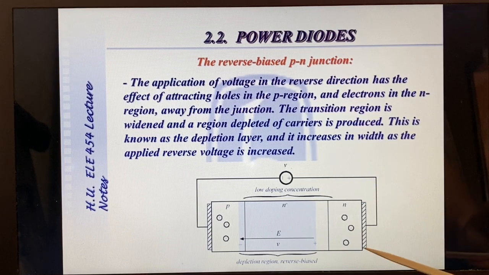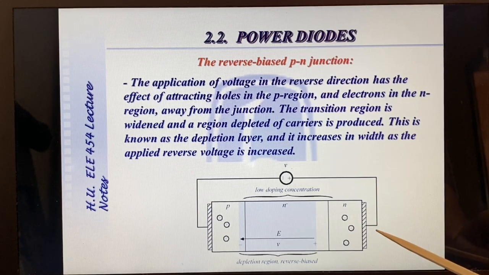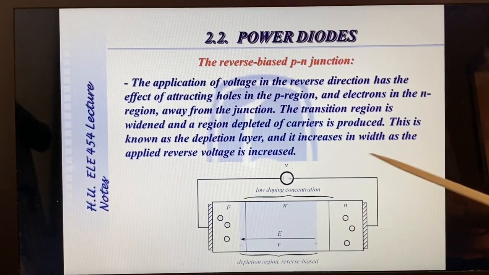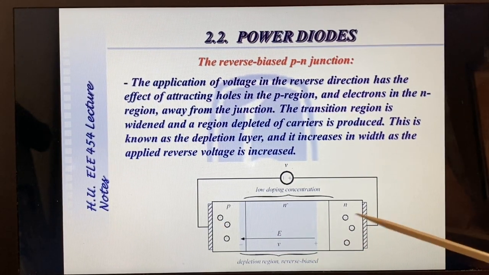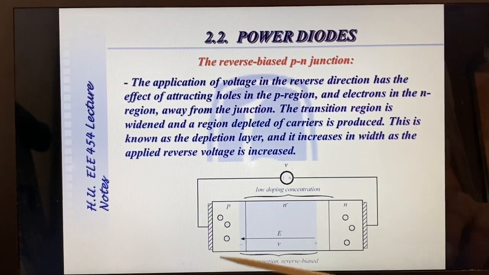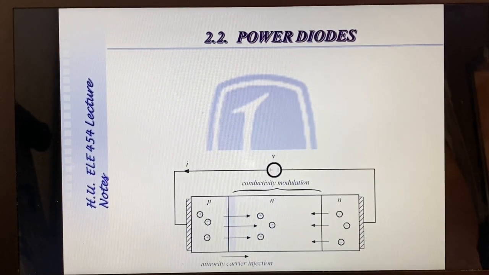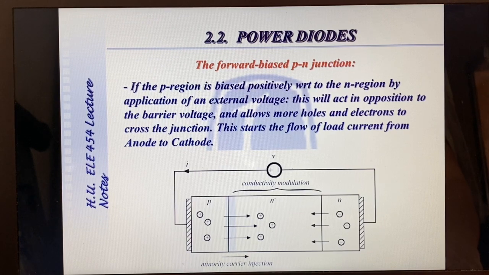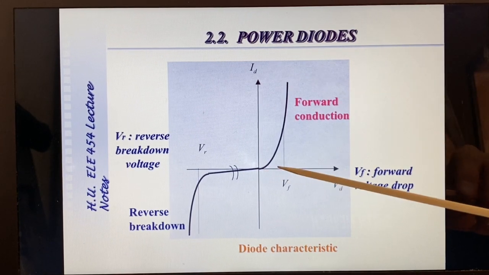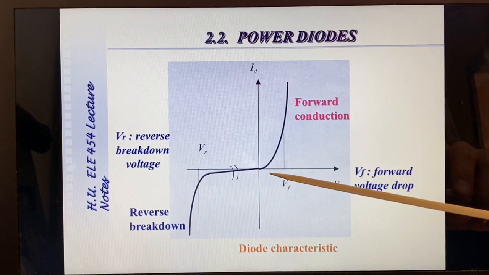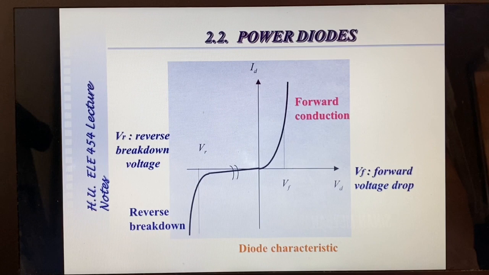When the terminals are reached, a short circuit occurs, and this is the reverse breakdown case. So the negatively biased diode becomes shorted when the depletion region reaches the terminals. This is the reverse voltage rating of the power diode. We talked about this. So these are the regions: forward conduction, reverse blocking, and reverse breakdown.